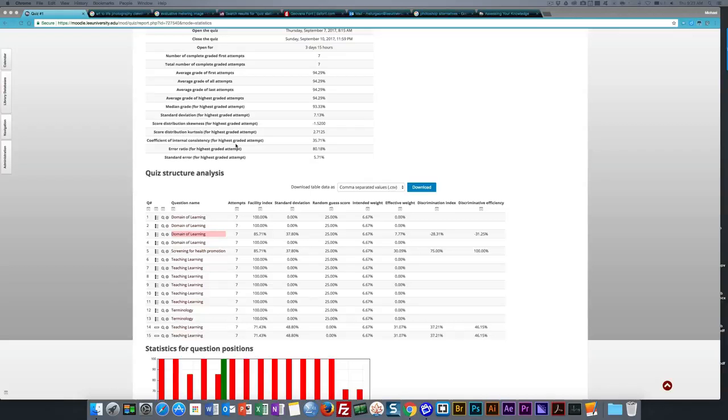Rewording the quiz, removing some of the questions, you'll see some changes. As a matter of fact, if you remove a question because it was one that everybody got wrong, for instance, your statistics showing in Moodle will also adjust accordingly.